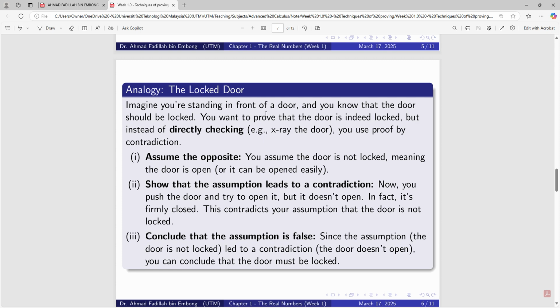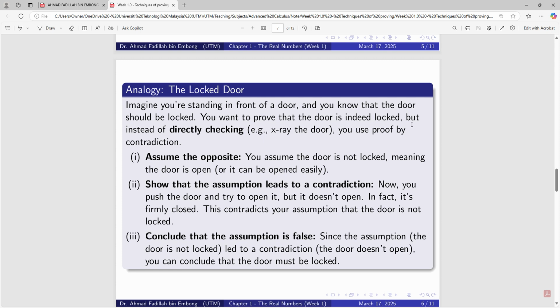You know that the door should be locked. You just stand there and you know that the door should be locked, but you are not sure yet whether the door is locked or not, but you want to make sure the door is indeed locked.